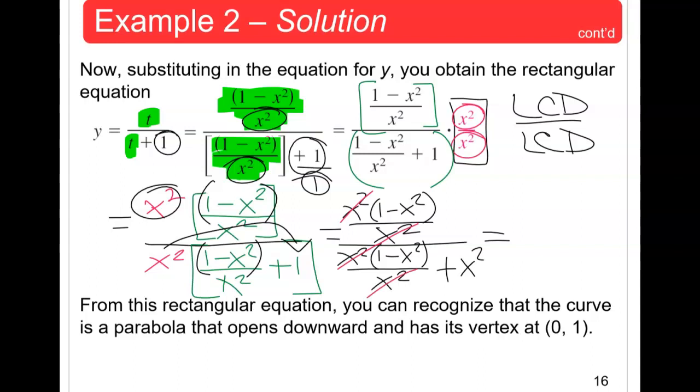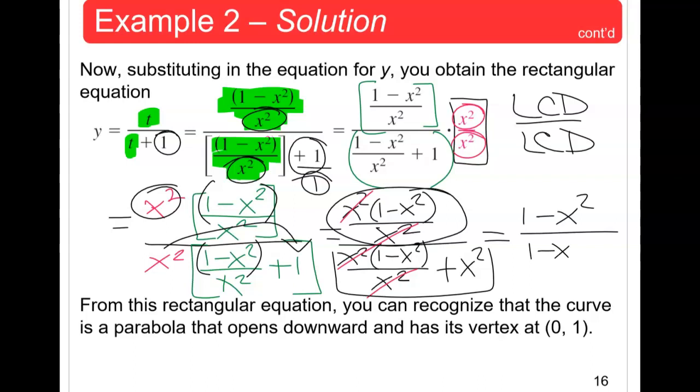So now we have a very nice, well, not very nice, but a nicer fraction. From this part, we only have 1 minus x squared. And from the denominator, from this bottom part, we will have 1 minus x squared, and then we have the plus x squared.